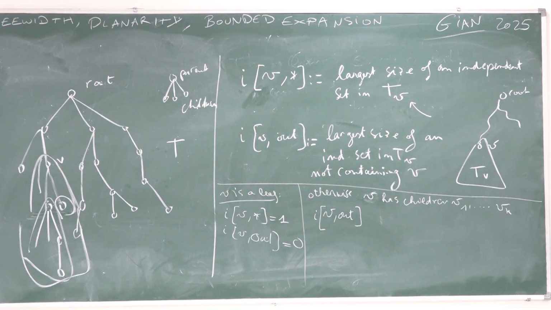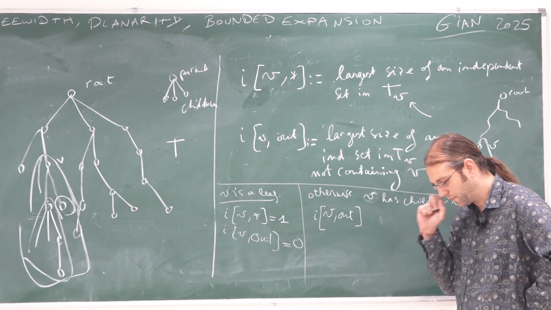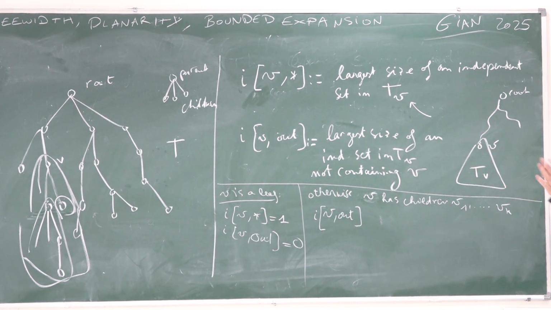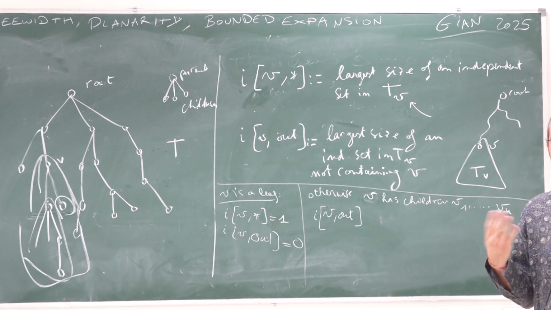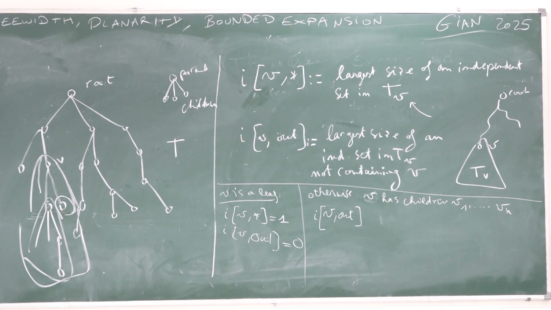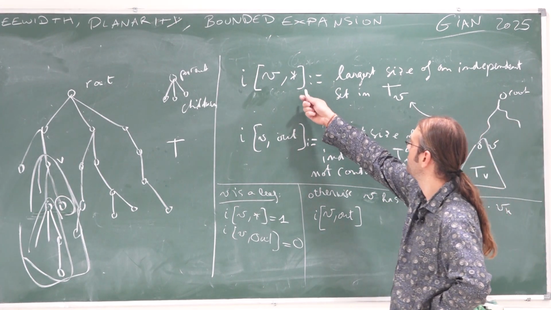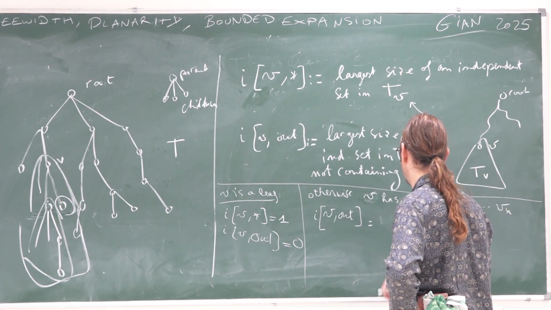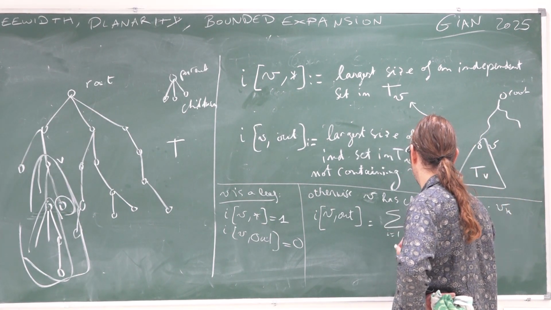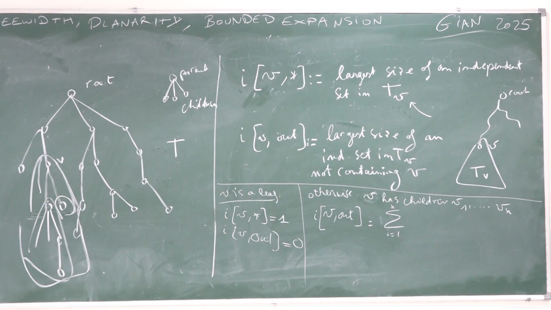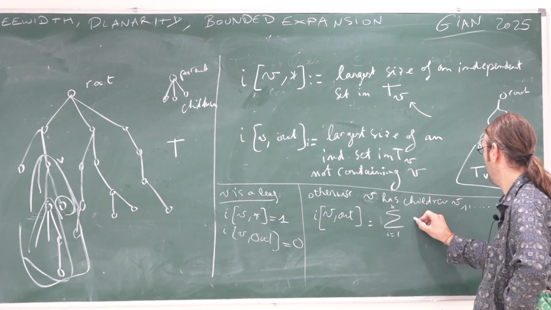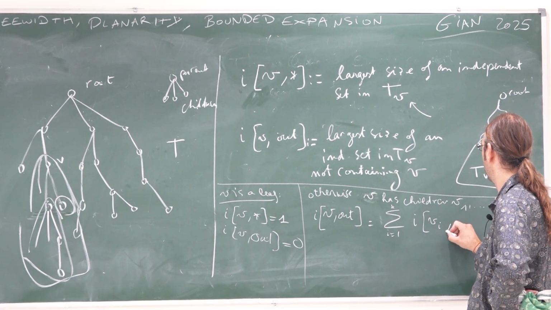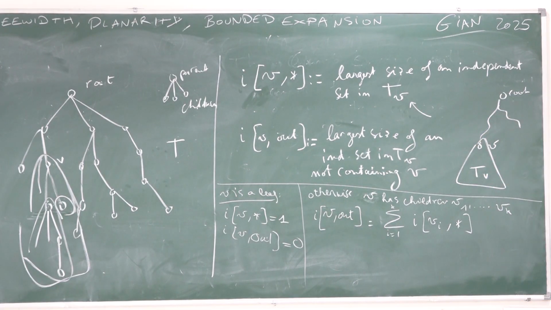So if I know that my V is out, so I'm forcing V to be out, I want to express using the children. But then, since V is out, I essentially have no constraint on the children. So I can just use for the children this function, which is, I will take for the children the largest independent set. So this will be the sum over all the children of this function. Out.